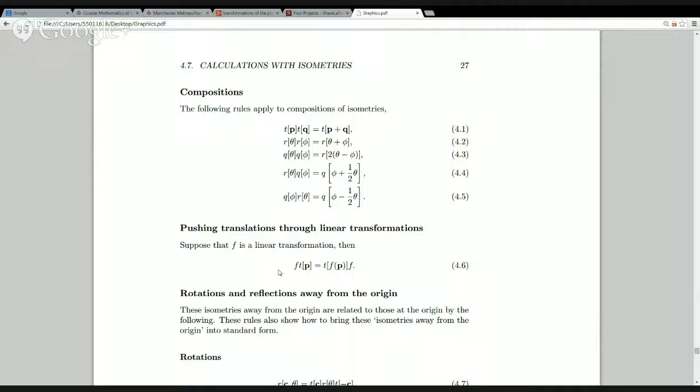And you're rotating by the angle which is twice the difference, theta minus phi. So theta is the second reflection minus the angle of the first reflection, phi. So it's well worth your while sitting down and plotting out two reflection axes, tracking what happens to a few points, and satisfying yourself about that.